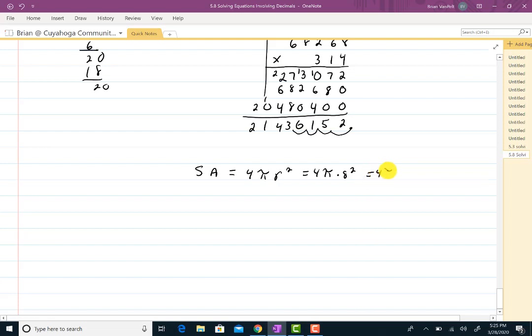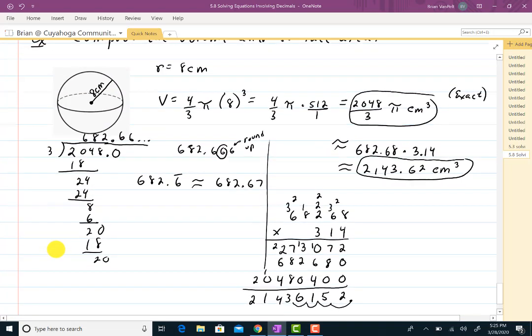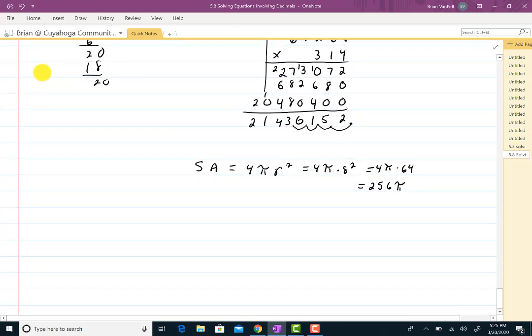So we get 4 pi times 64. 4 times 64 is 256. And since we're dealing with area, that's units squared, I think we were in centimeters. We are in centimeters, so I'm going to do cm squared. That version of the answer is exact.